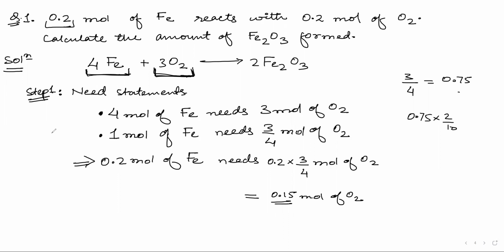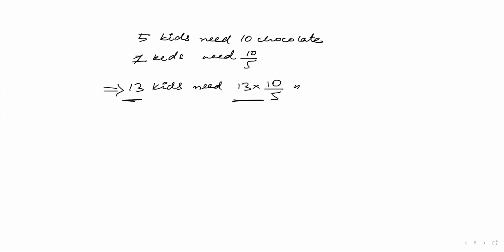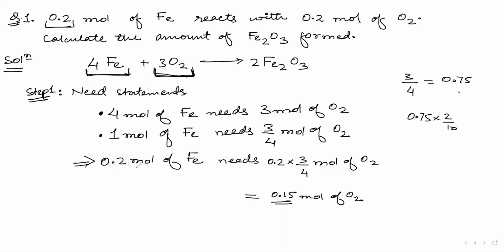But sometimes I will push you to read a few lines 10 times, and then you will be amazed how easy these are. This may seem like chemistry, but it is not. It is just the unitary method that we have been doing since childhood. Does everyone agree that this is nothing but the unitary method, involving this mole thing? Yes, sir. Okay, everyone has written till here.